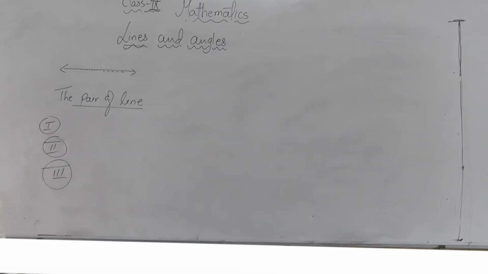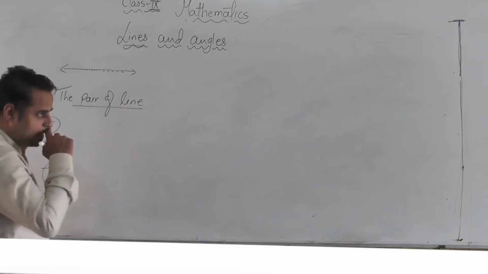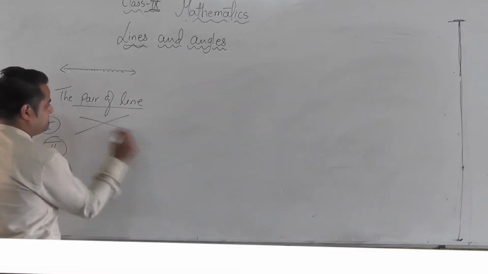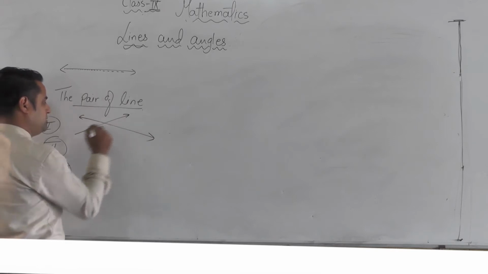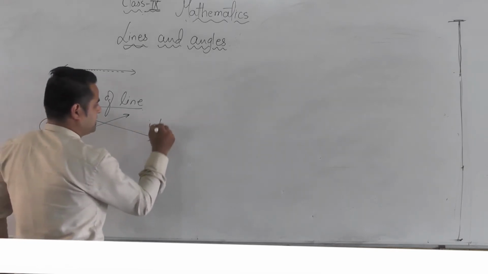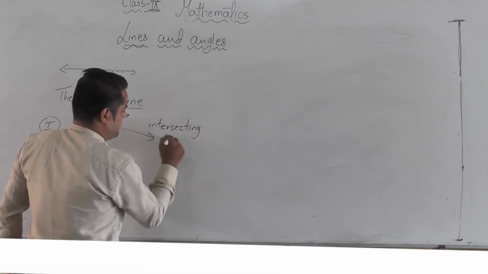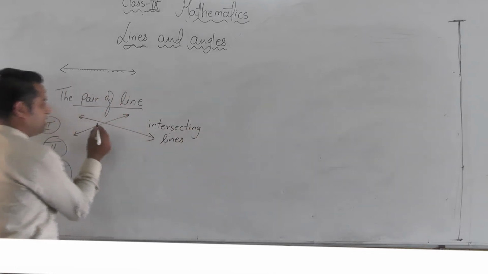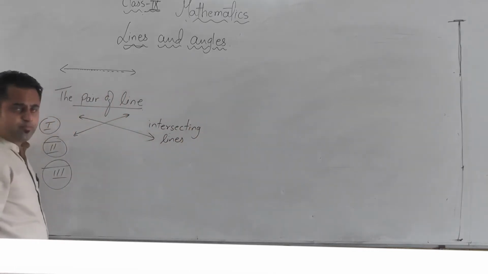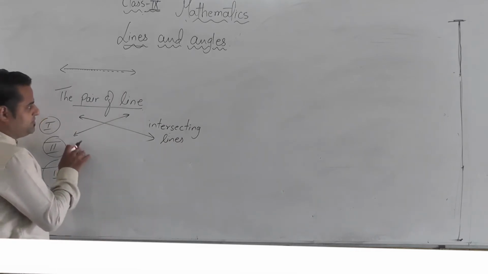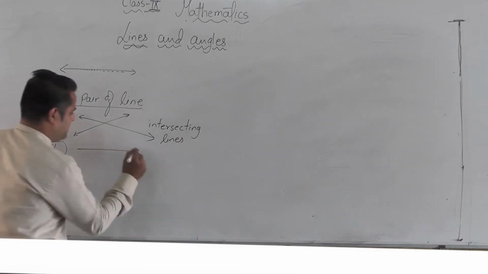The first type is called intersecting lines. Intersecting lines are the lines which are intersecting at a point. The second type of this pair of lines is parallel.